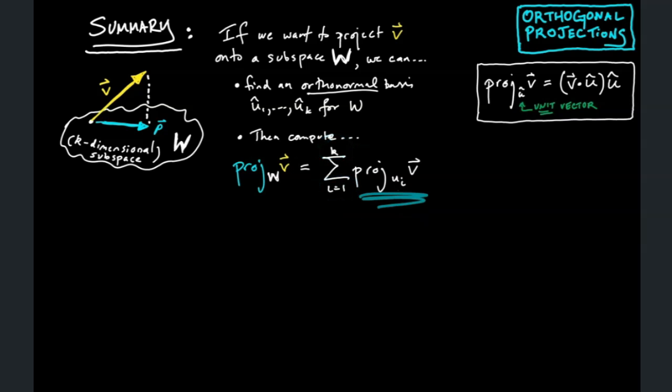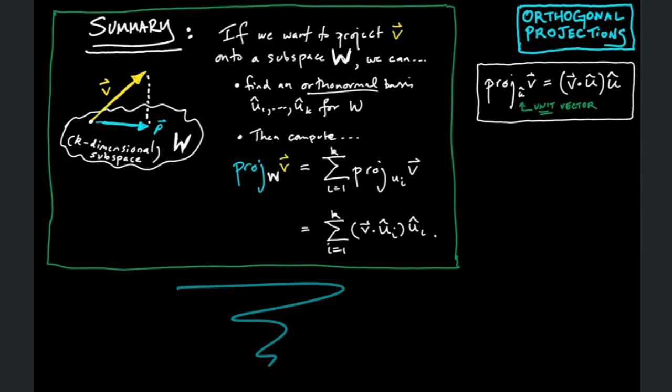And since we know how to do those individual projections onto one-dimensional subspaces, which we learned earlier, we can rewrite that as the sum of v dot ui, that scalar, times ui, as i runs from 1 to k, going through all the orthonormal basis vectors. And we've got it. We have answered our original question.